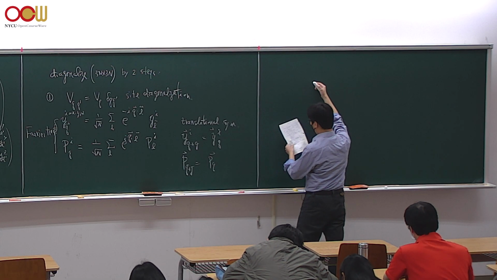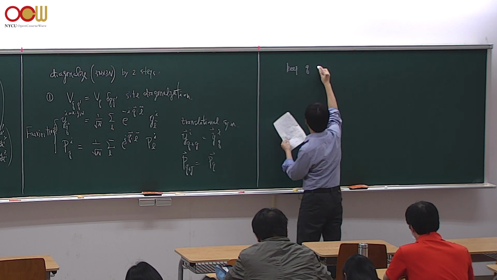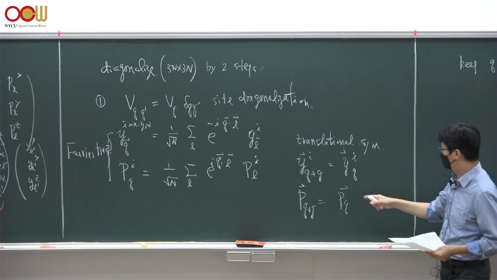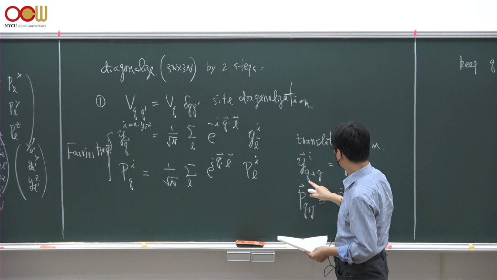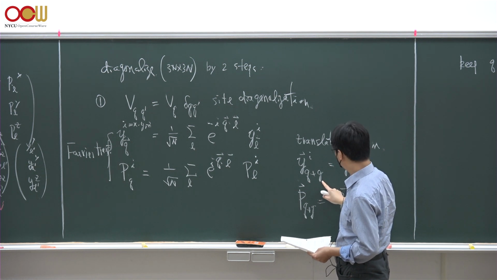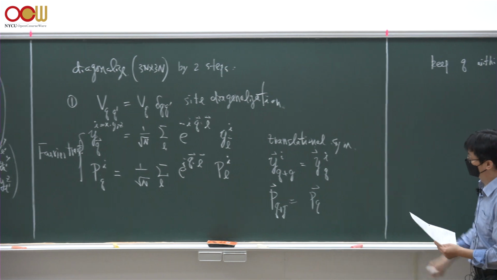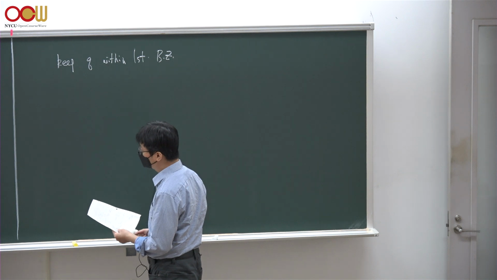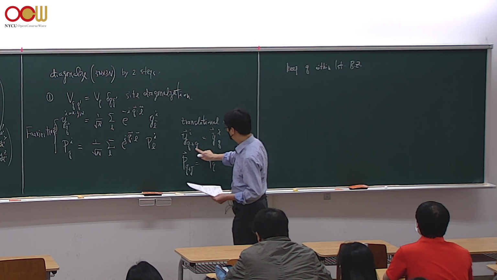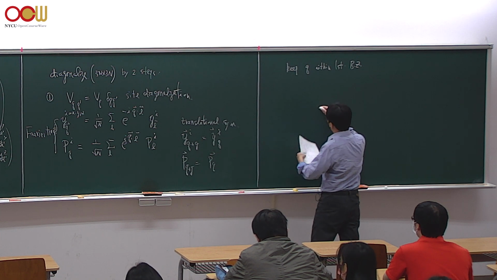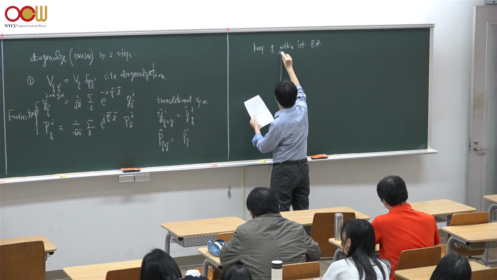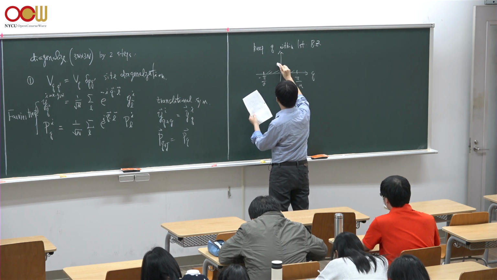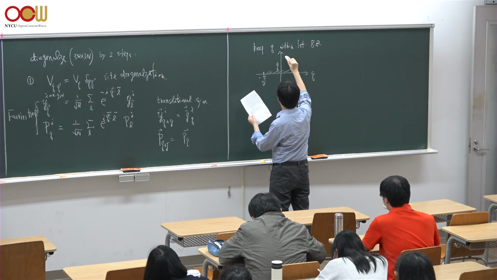So we only keep the q variables within the first Brillouin zone, because we could shift this q by a reciprocal lattice vector G, so that this q prime is actually the same as q shifted by an amount of G, where G is a reciprocal lattice vector. Therefore we could always keep our momentum in the first Brillouin zone. So this is the range of q.